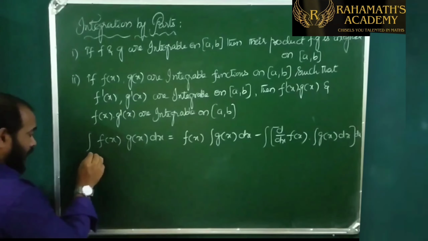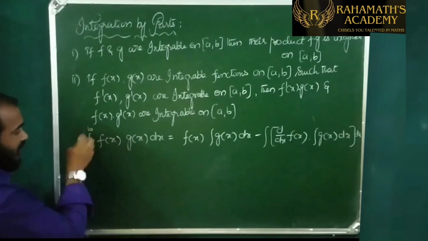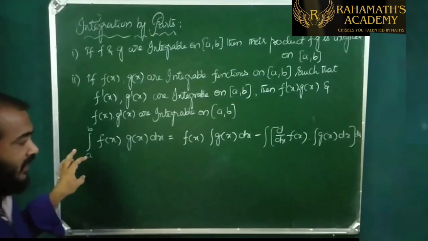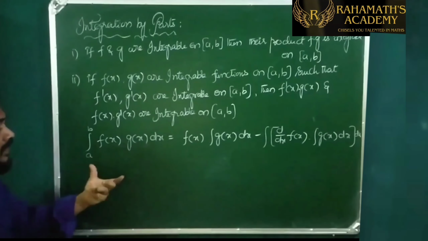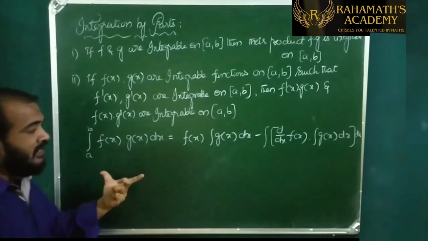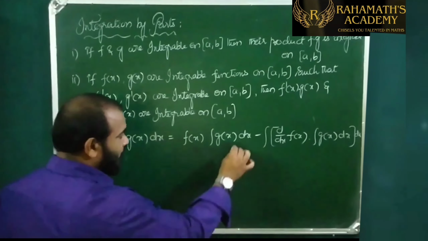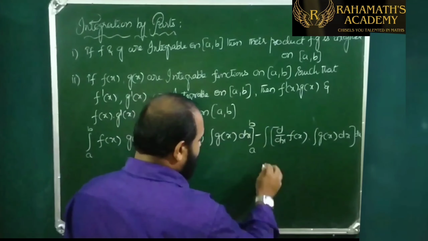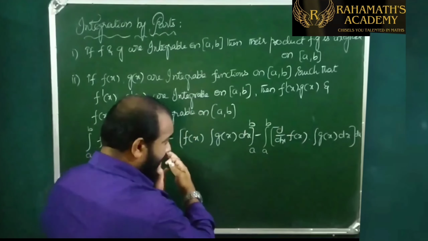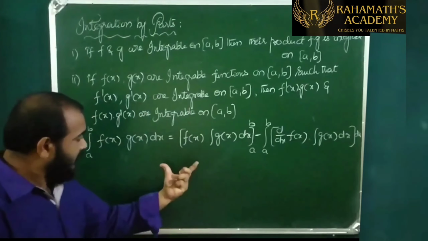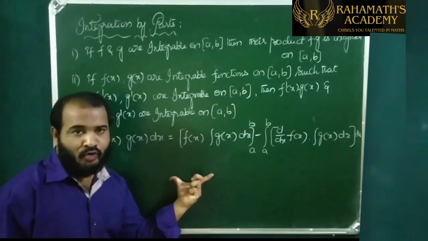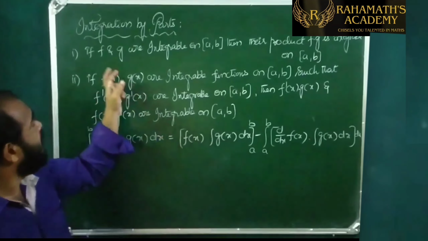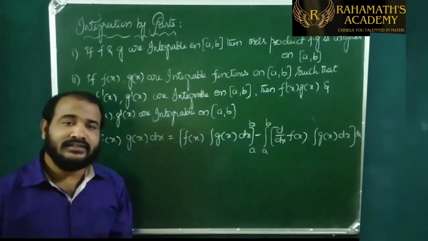Now a to b, if I add here, this is the indefinite integral, and this is the definite integral. So the definite integral is the ultimate value. Here you apply a to b and here you apply a to b and find out the value. Then some numerical value is what we are going to get. This is the definite integral when integration by parts is concerned.